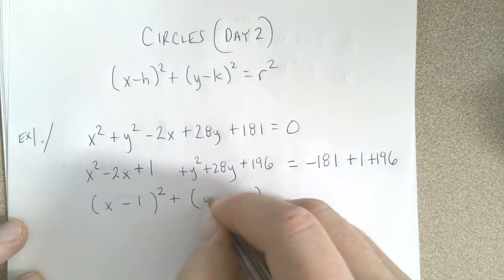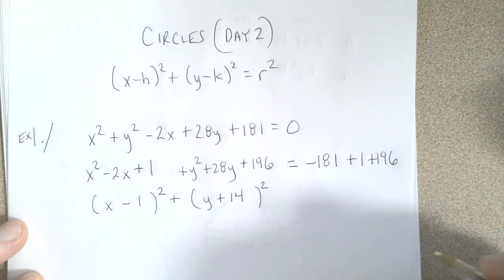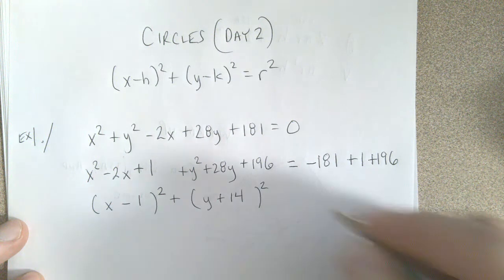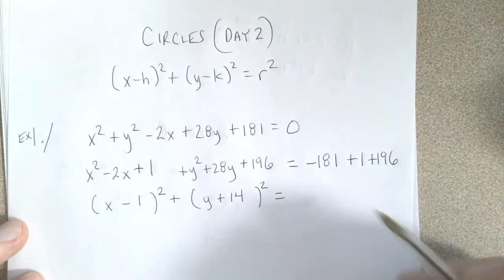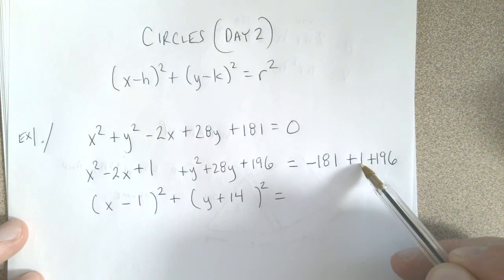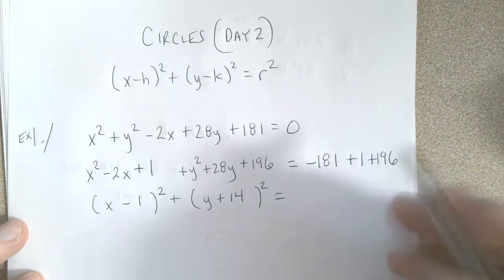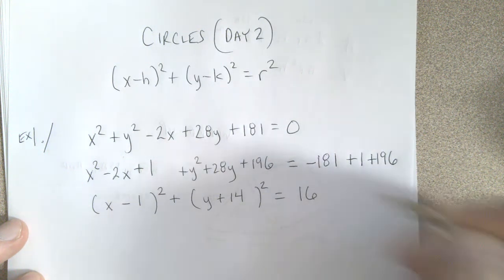It is y plus 14 squared. If I add all these together, negative 181 plus 1, it gives me negative 180 plus 196. That gives me 16.